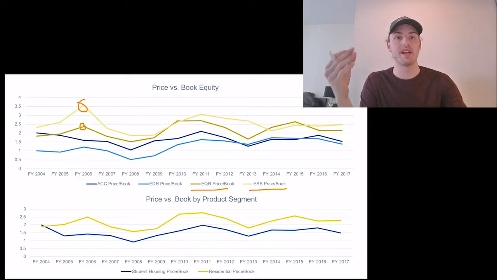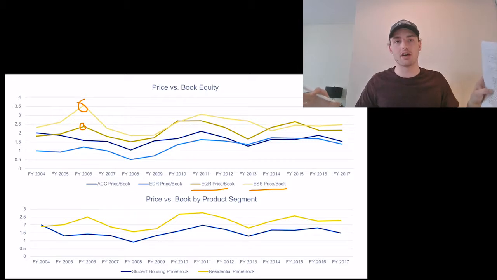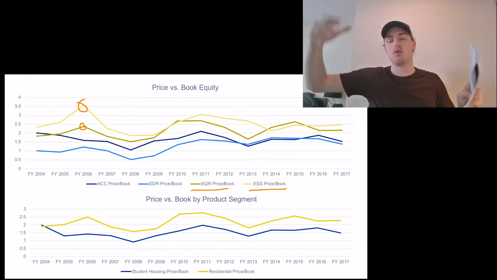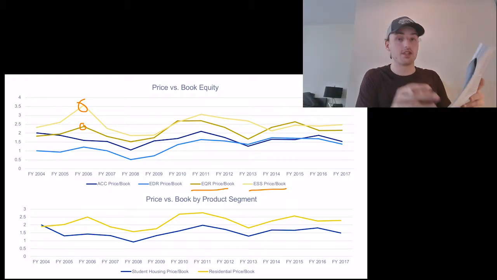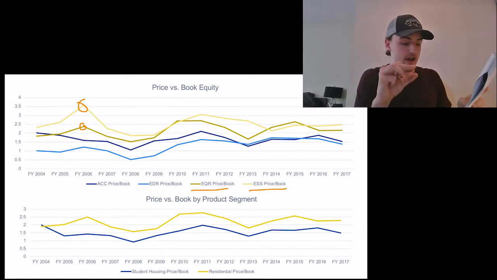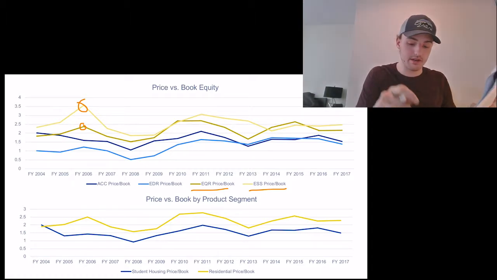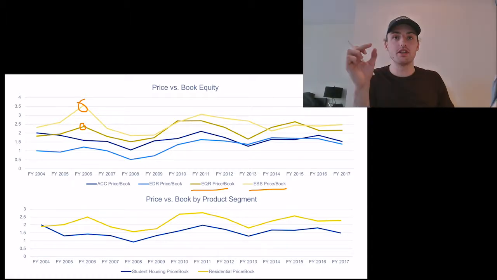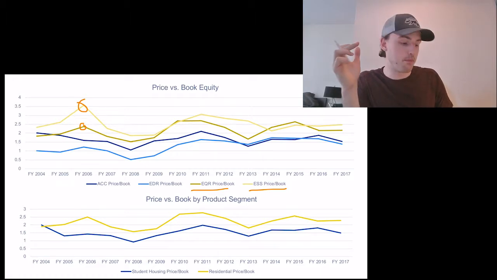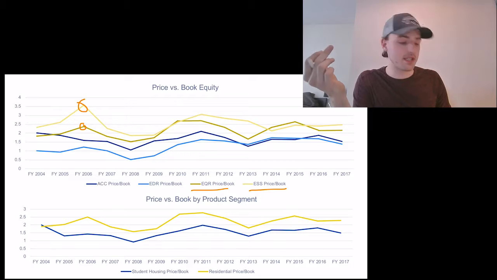Usually looking at what else is being priced in the market from recent transactions, you revalue your personal assets, which have not been through a transaction in that period, to reflect what has moved in that market. So even when adjusted for that, that means that the book value, investors were paying $3.50 for every $1 of equity that they would get put into a building, a residential property in the ESS REIT.